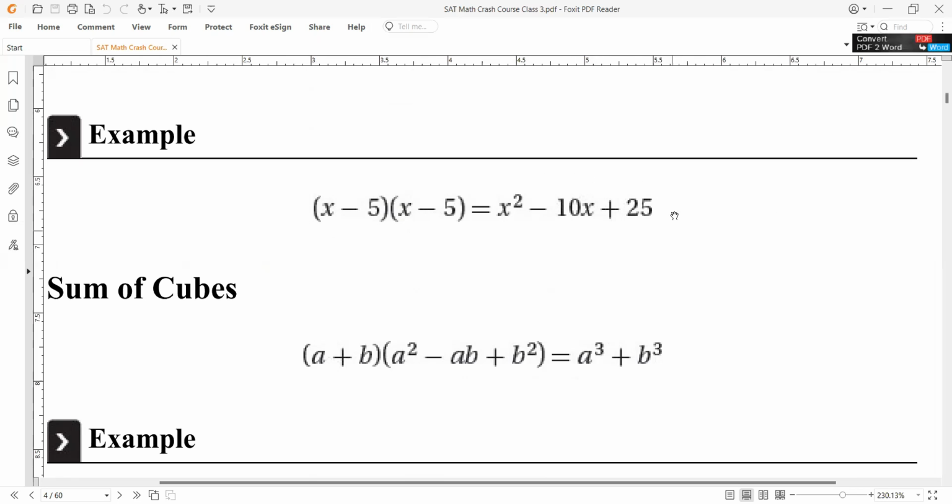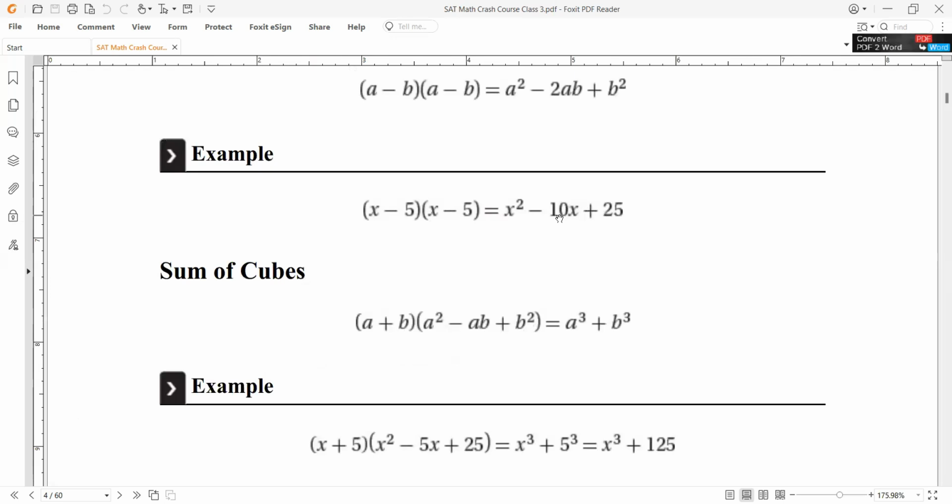This is just a polynomial, and you just need to express it in the manner of products. X minus 5 is a product, and x minus 5 is also a product. So you are trying to express this polynomial, x square minus 10x plus 25, in a packet of products.